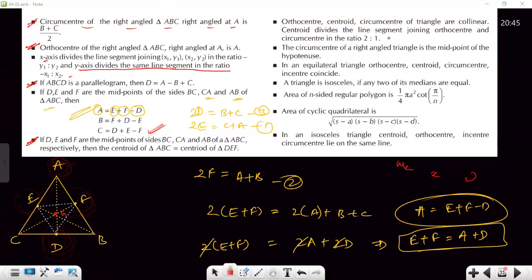First comes the orthocenter, then centroid, and circumcenter. So OG is to GC is 2:1. That's very important.